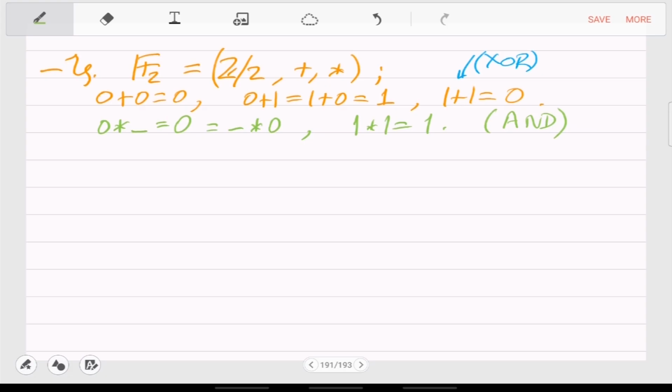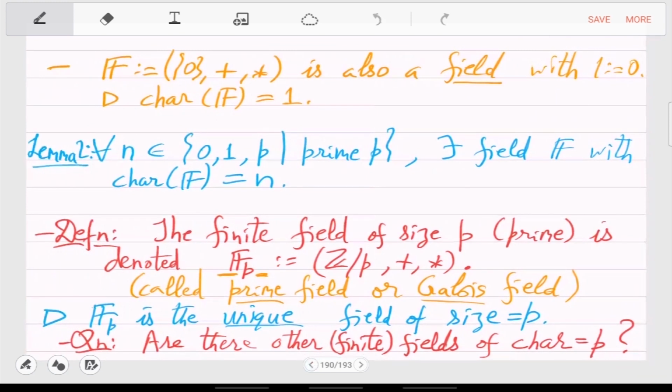But we will not stop at that. We will take it to a crazy level of generality. But to start doing that, we will have to go beyond numbers. So what we will do is we will look at functions over numbers. And this will also be an attempt to answer the question, are there other finite fields of characteristic p?